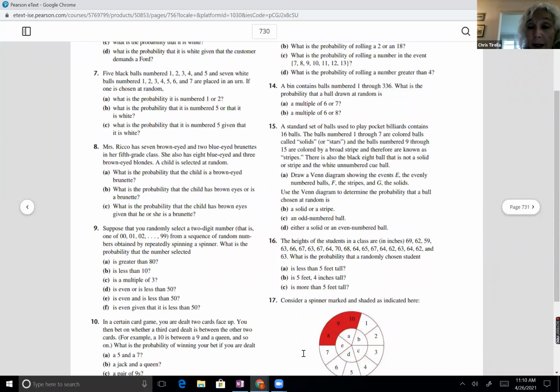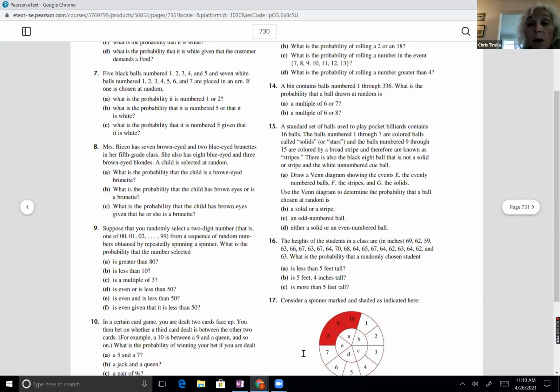Draw a Venn diagram. You're going to have a loop for E, even numbers, a loop for F, the striped numbers, a loop for G, the solids. So then you're going to place in all of the balls.